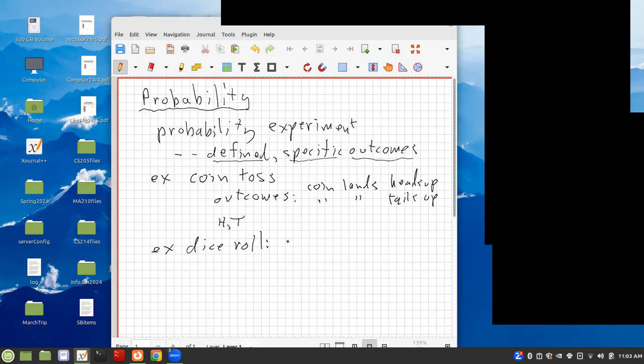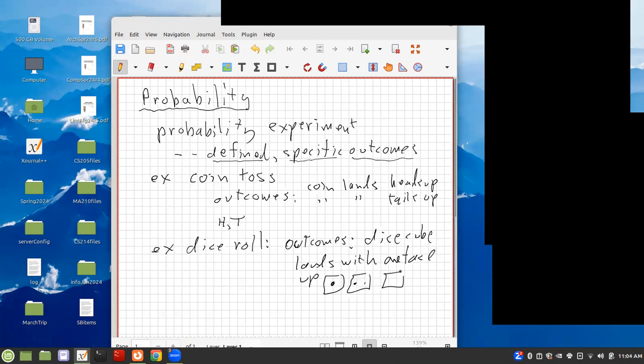So for example, the usual dice has the outcomes: the dice cube lands with one face up, and there's a certain number of dots, like 1 dot or 2 dots, or however the 3 dots are arranged, and then 4 dots.